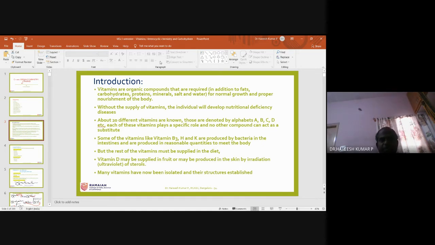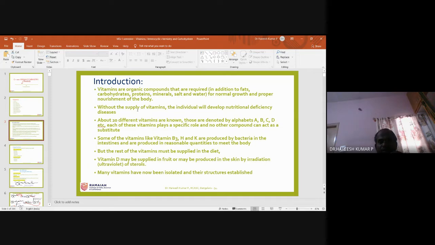Introduction means what are vitamins? Vitamins are organic compounds that are required for normal growth and proper nourishment of the body, in addition to fats, carbohydrates, proteins, mineral salts, and water.